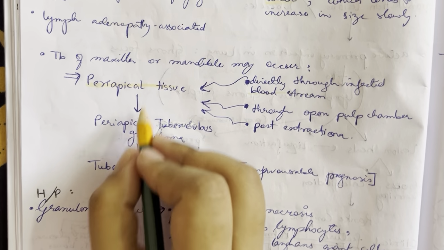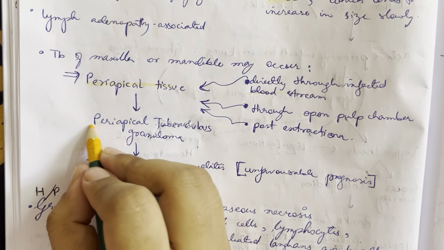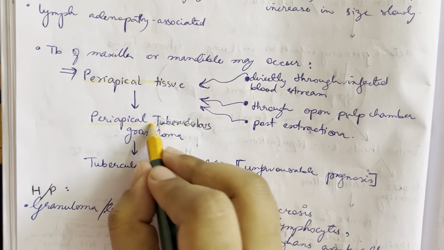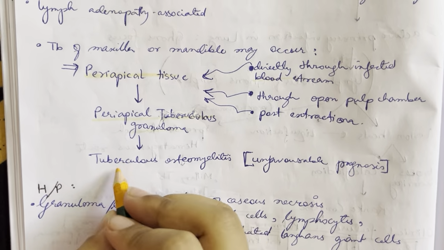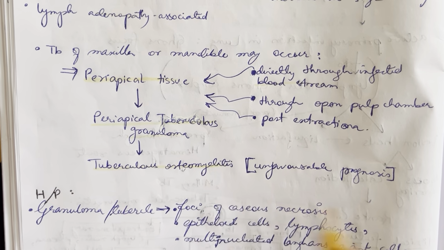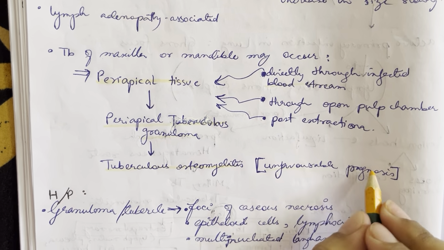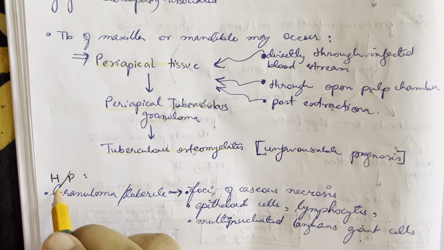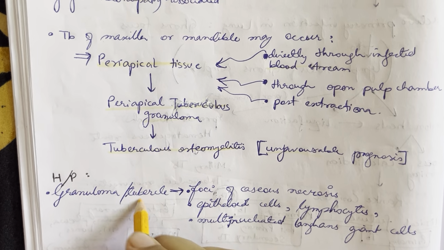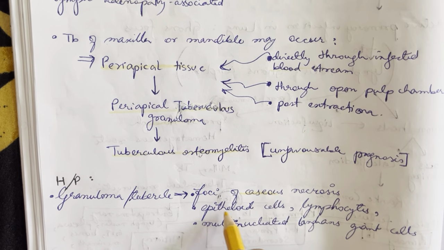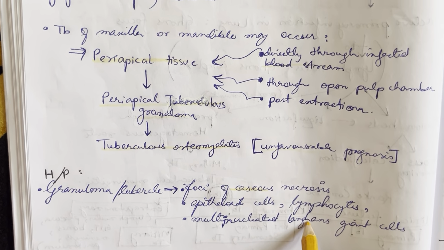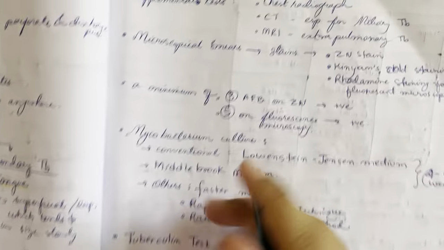In these periapical tissues, a periapical tuberculous granuloma may form, and then tuberculous osteomyelitis may progress and it has an unfavorable prognosis. Histopathology: we have granuloma tubercle, foci of caseous necrosis, epithelioid cells, lymphocytes, multinucleated giant cells, plus Langhans cells.